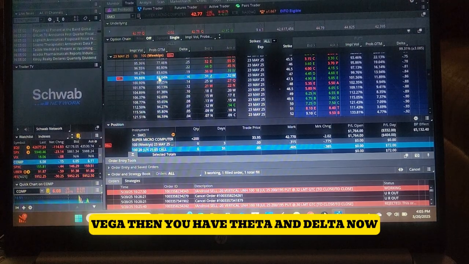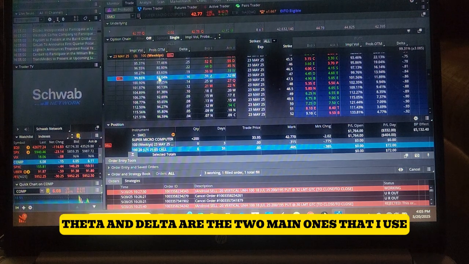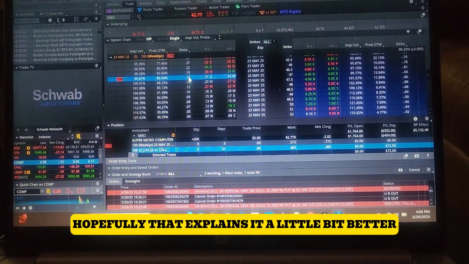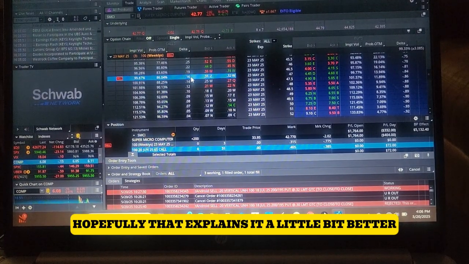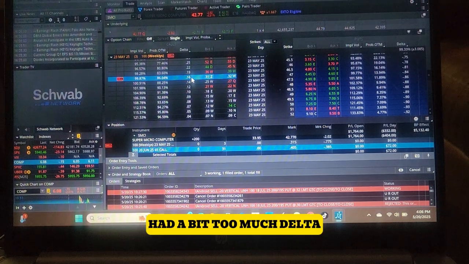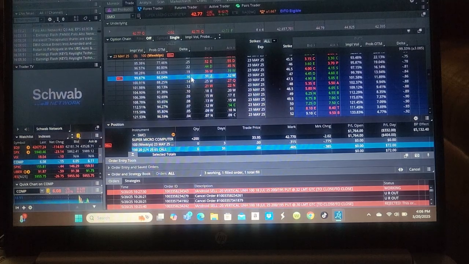Then you have Theta and Delta. Now, Theta and Delta are the 2 main ones that I use. Hopefully that explains it a little bit better. So I felt that last contract that I bought back had a bit too much delta. Correction, not delta, had too much theta.